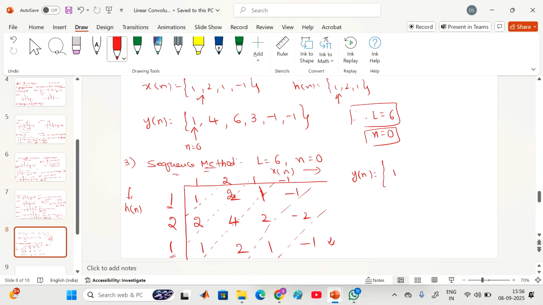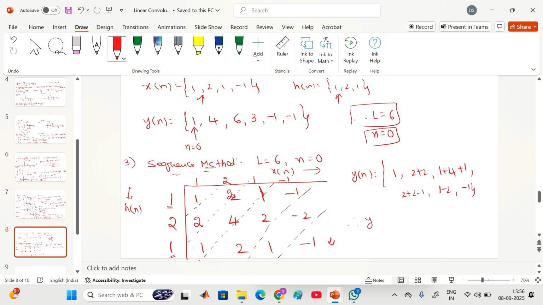Okay. So first value is 1. In the second diagonal element, 2 plus 2. Third diagonal element, 1 plus 4 plus 1. Next diagonal element, 2 plus 2 minus 1. Next diagonal element, 1 minus 2, then minus 1.